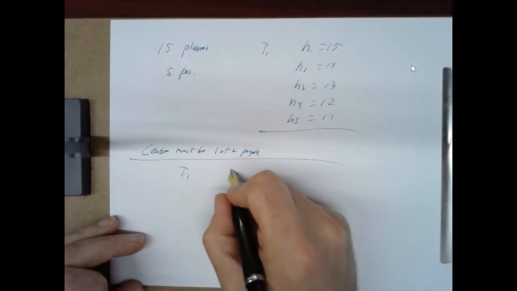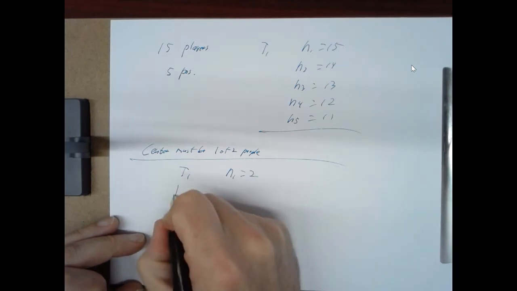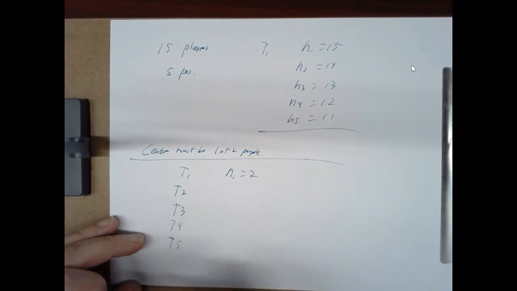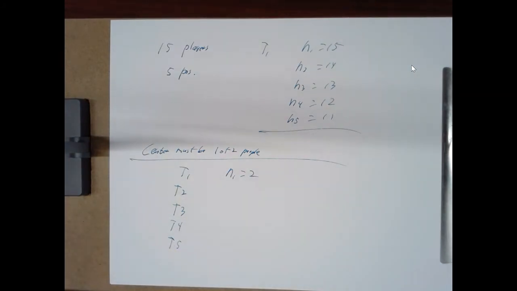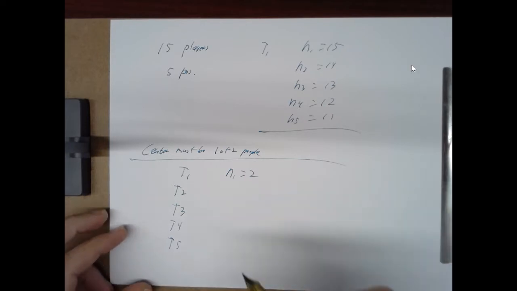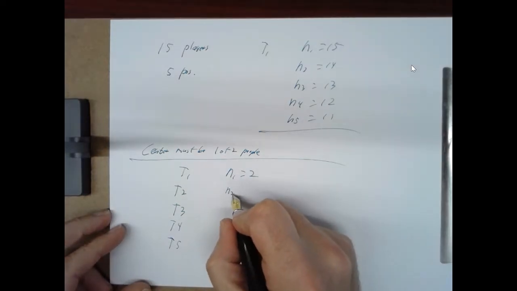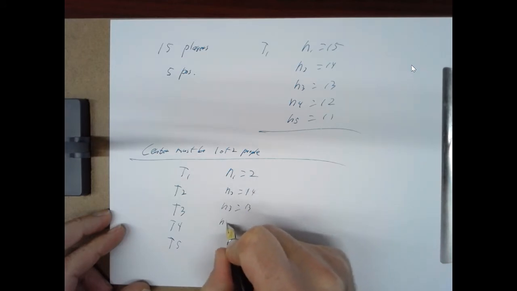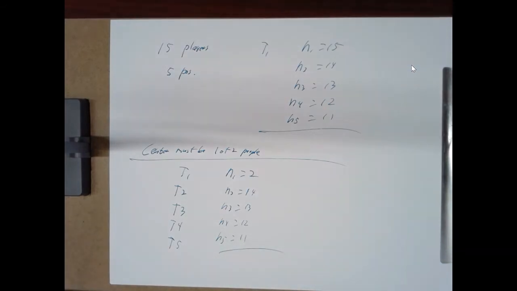It's 2, right? All right, and then you have to pick the remaining 4 positions, and there's no restrictions on that, except the person that you picked for center can't be another position as well. So how many people do you have that you can choose for T2? Right, so you've got 14 and 13 and 12 and 11. So it's just the product of those.